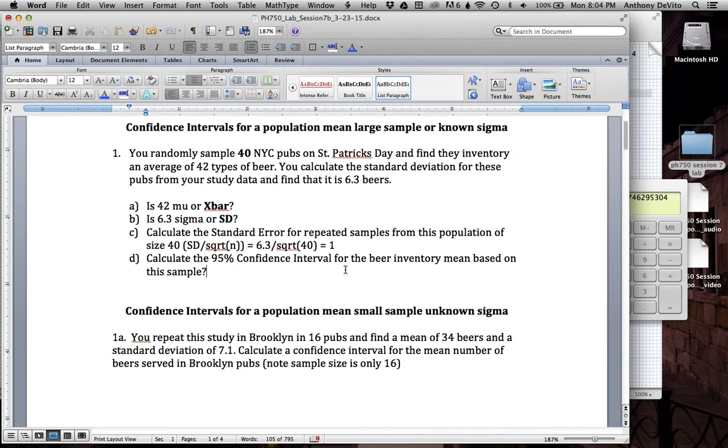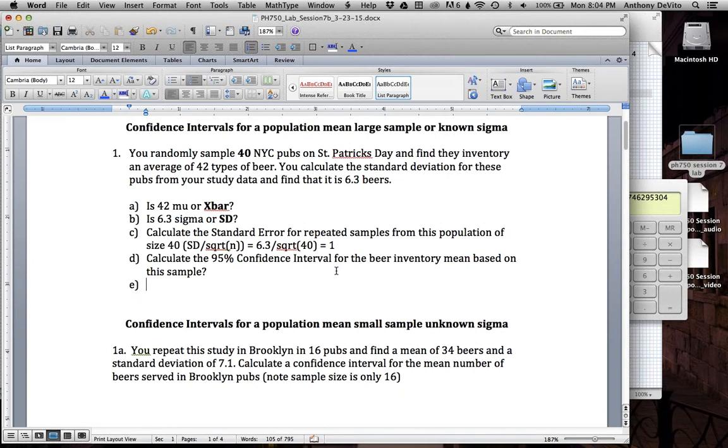Now remember, we're always looking for the population mean, right? Calculate the 95% confidence interval, and what's it going to be equal to? It's going to be equal to x bar plus or minus 1.96, and why am I using 1.96? How can I justify that? Because it's a large sample, right? If I knew the population standard deviation, I could justify it also, even if it were a small sample. In other words, if the sample size was 25, but I told you the population standard deviation was such and such, then you could justify using the z-score, even though it's a small sample.